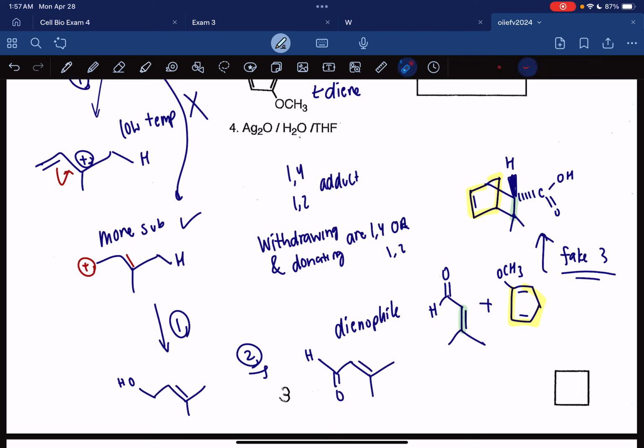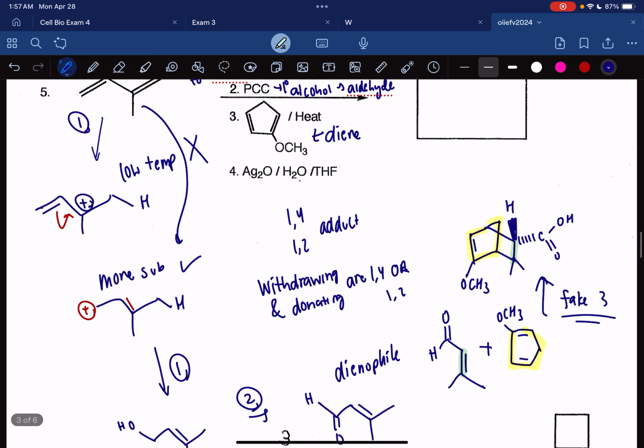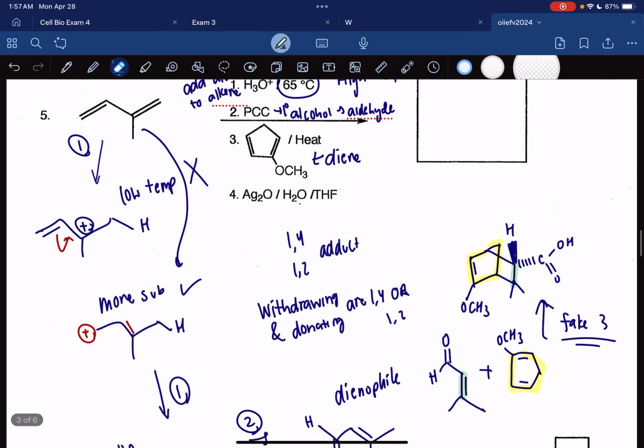Otherwise, you have the wrong product. So if we call this carbon 1, then this is 2, this is 3, 1, 2, 3, 4. So the methoxy group has to go here. So this is OCH3, like this. So this actually is the product to reaction 3.